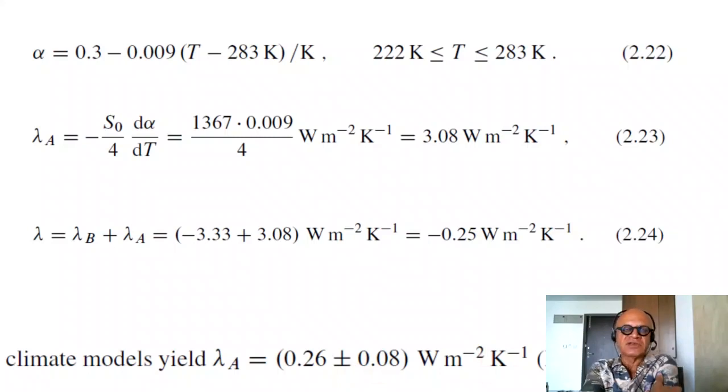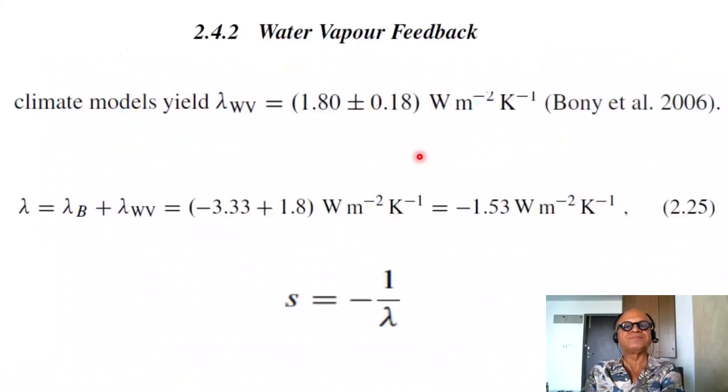That's from Sandrine Bony and co-authors' excellent paper from 2006. So we can say models are doing the shortwave feedback reasonably well, but you can see here that the ice albedo feedback is at 3.08 watts per meter squared per Kelvin.